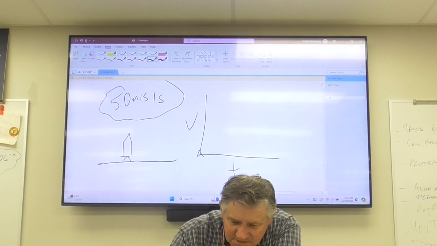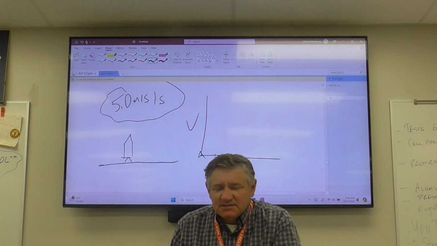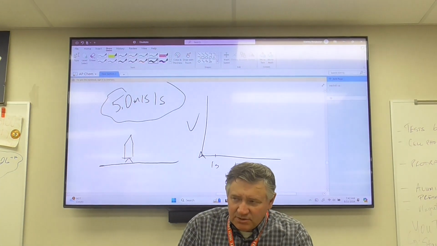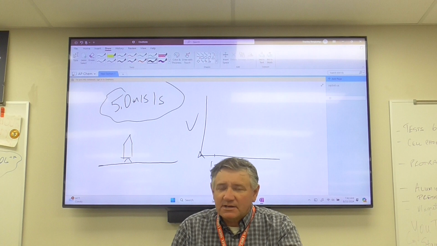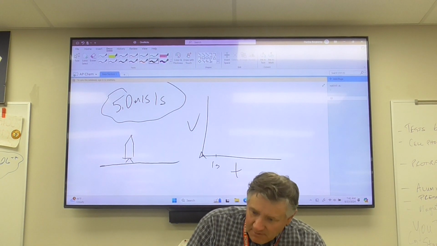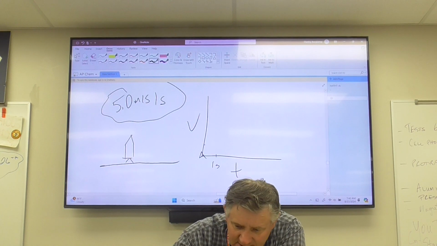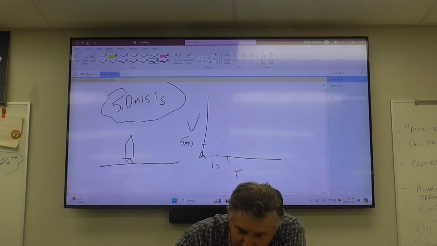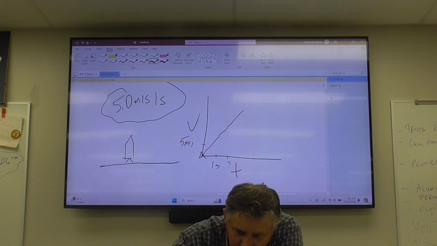So, what we're saying here, and listen to me, acceleration is not how fast you go. Acceleration is the rate at which your velocity changes. So at the end of 1 second, how fast are you going to be going? 5 meters per second. At the end of 2 seconds, you're going to be going 10. So the slope of this line is going to be 5 meters per second squared.